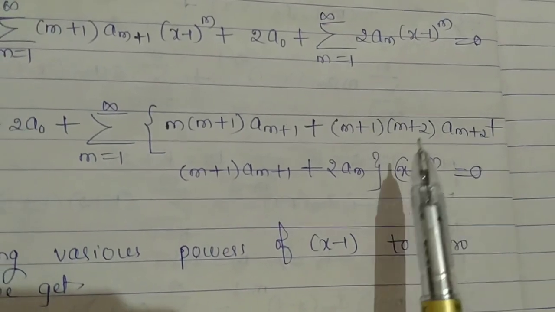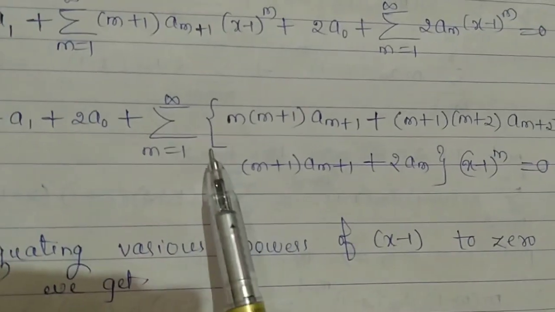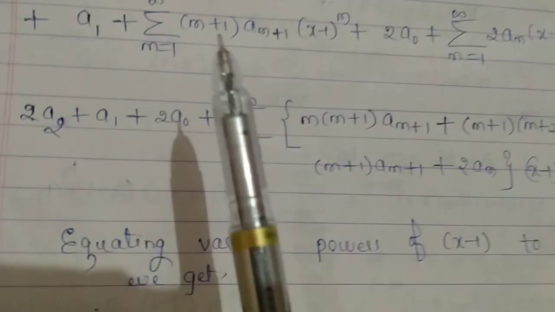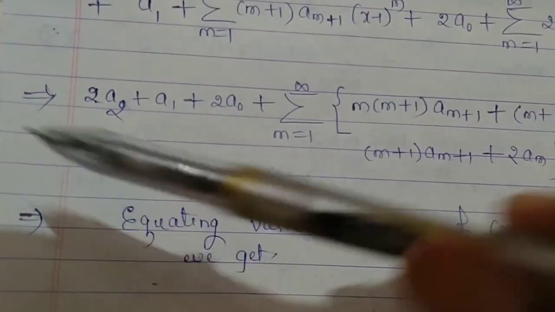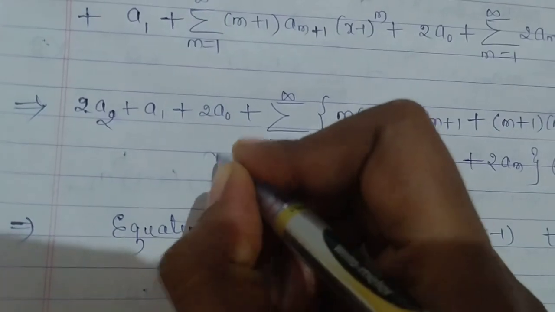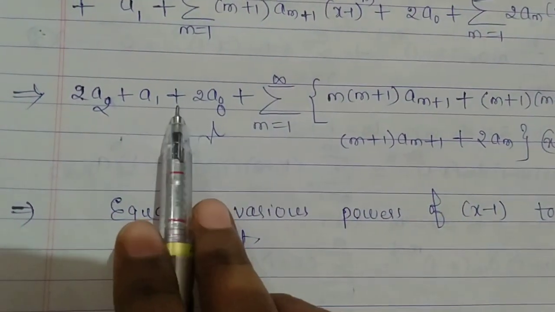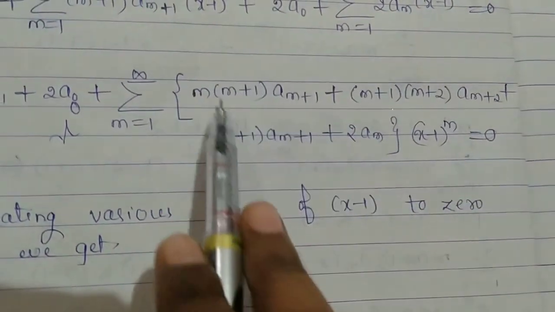I have taken the coefficients of (x − 1) to the power m on one side, and the summation is the same, so I can write like this. Again, I have to equate the various powers. This term contains the power of x as x raised to 0, isn't it? So I can equate this to 0, and also the coefficients of (x − 1) to the power m to 0.